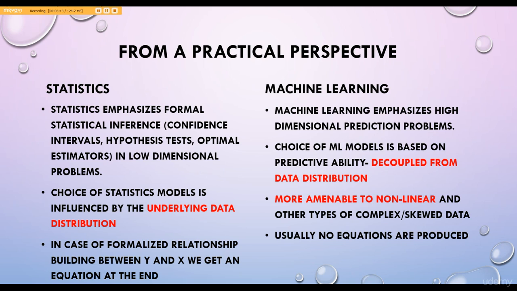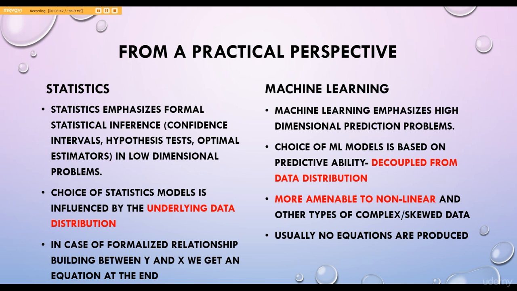And that is something that we saw a lot in the previous sections, that we devoted a lot of time to checking whether our data were normally distributed or not, and if the errors were normally distributed or not. But in machine learning models, the choice is based on the predictive ability of the model. So it is decoupled from data distribution, and this makes machine learning more amenable to nonlinear and other types of complex and skewed data.